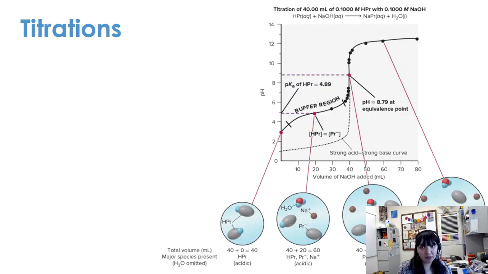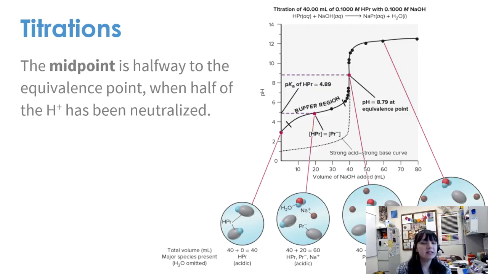Now, speaking of in-between, the point between the initial 0 milliliters being added and the equivalence point is known as the midpoint, or sometimes called the half equivalence point. The midpoint is literally halfway to the equivalence point in terms of volume being added.